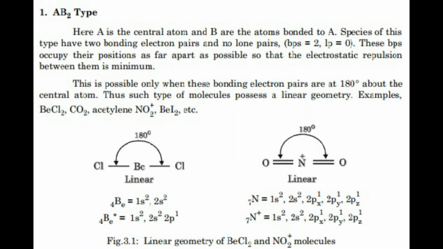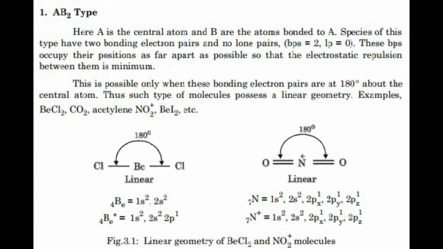On the basis of these postulates, the shapes of various molecules are determined depending on AB2, AB3, AB4 up to AB9. They have different shapes. For AB2 type molecules, where two electron pairs are present and both are bonded pairs, a linear shape is expected.